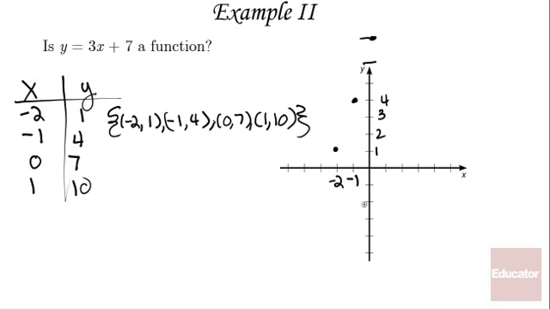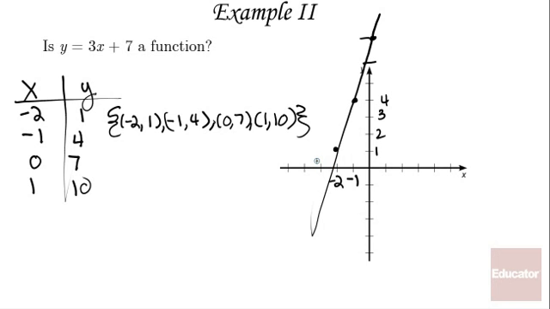And then my fourth point is 1, 10, which is going to be way up. So if I were to connect these, actually I don't quite have room for that. So just working with these 3 points, since that fourth point would actually be off the screen, that's enough to draw a line.